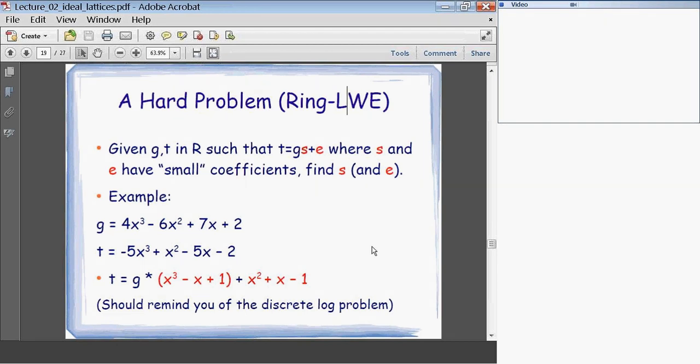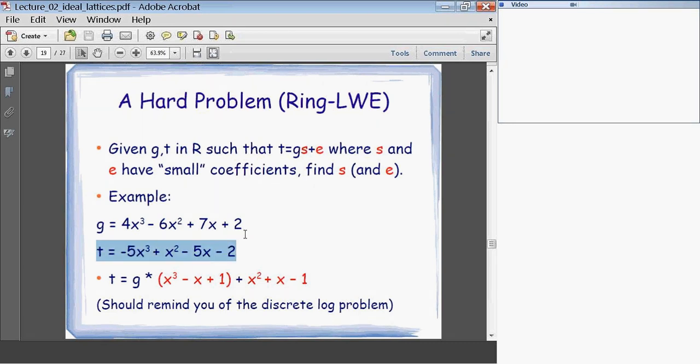Let's look at the Ring-LWE problem in terms of polynomials. You have two polynomials. One is polynomial A, and another is polynomial T. This polynomial T was generated using polynomials S and E, which are unknown.